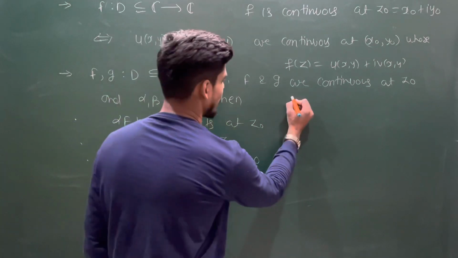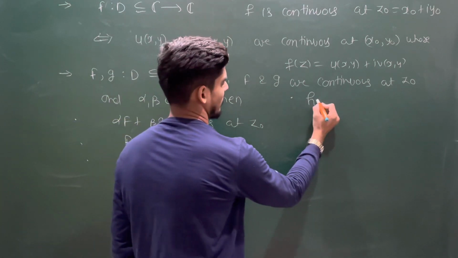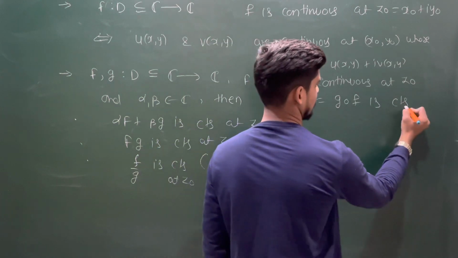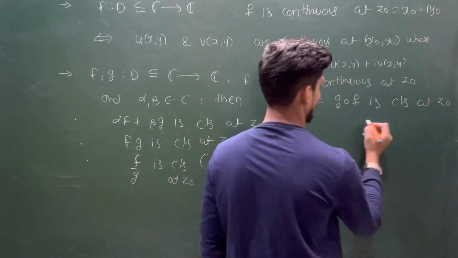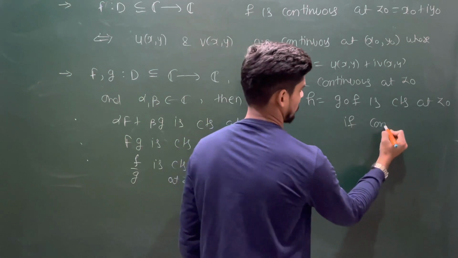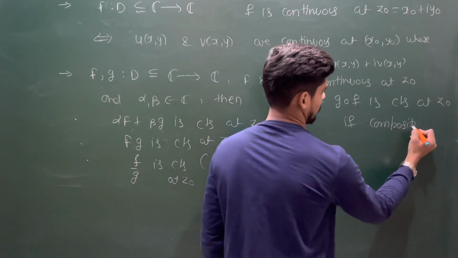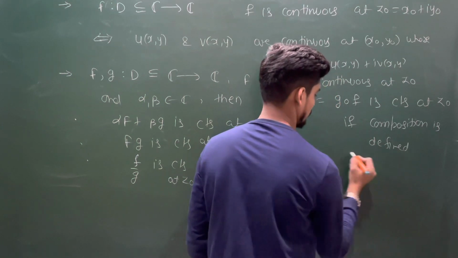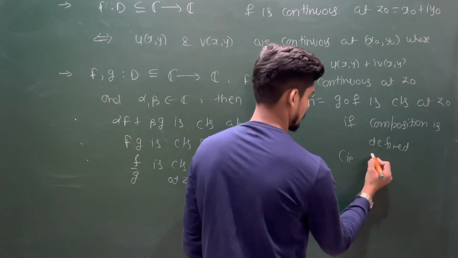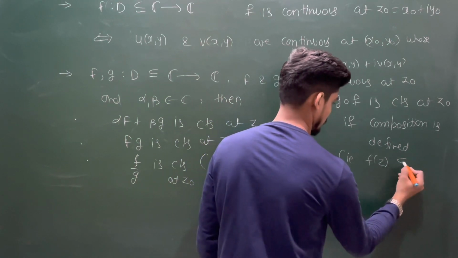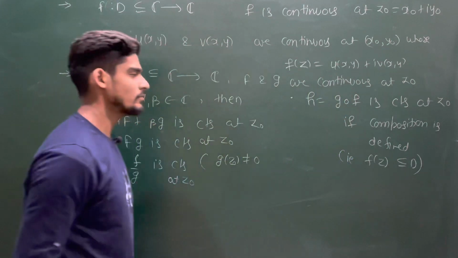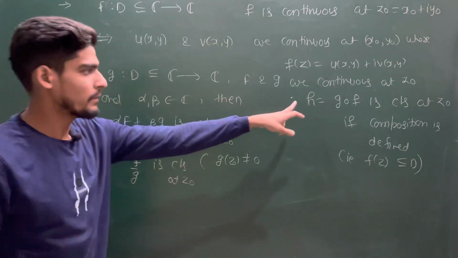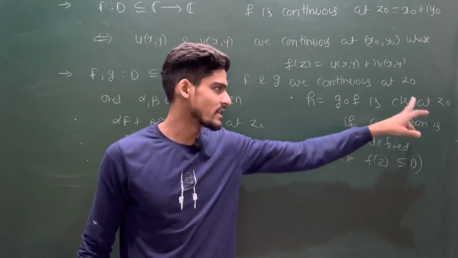And one more property: if two functions are continuous at point z0, then their composition is continuous at z0 also.